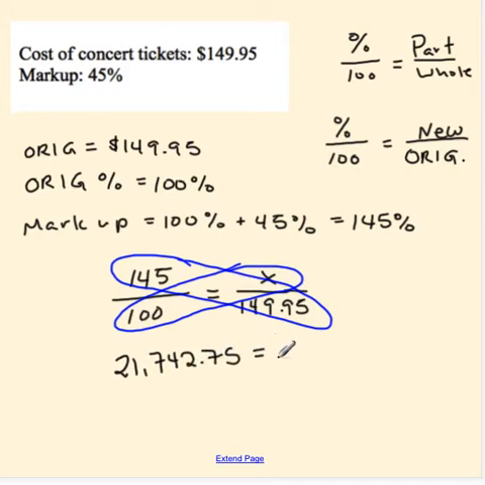And 100 times x, well, that one's easy. That's 100x. And so now I need to get x by itself. So I'm going to undo the multiplication by 100, and I divide this side by 100.